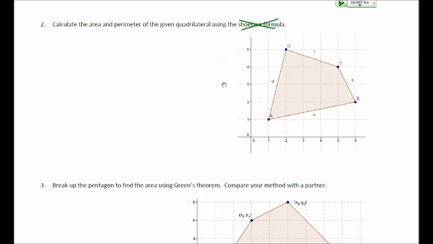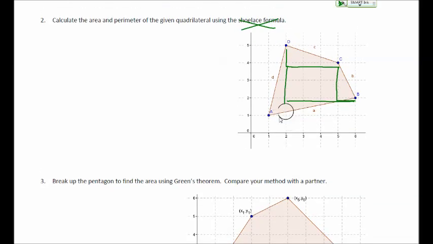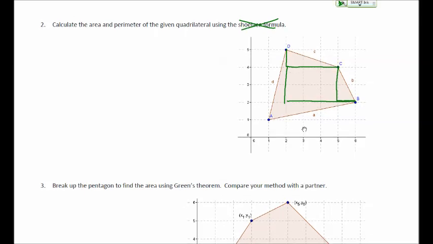Okay, so in this one, if you try to begin drawing triangles and rectangles inside, we might start with this triangle, and we run into a problem over here because I can't really draw a triangle very easily because of this angle down here. It gets kind of complicated. So I don't use that method.